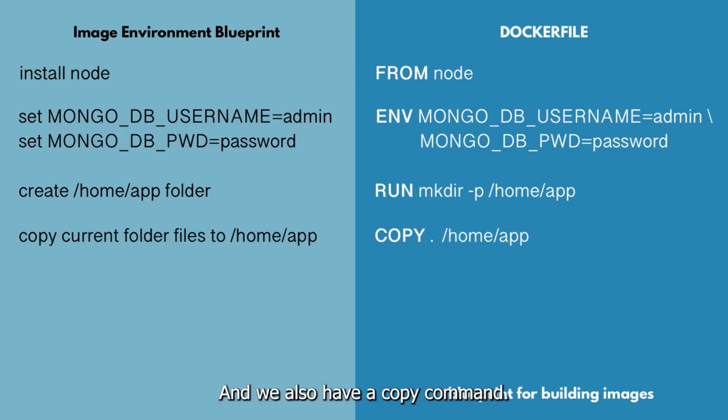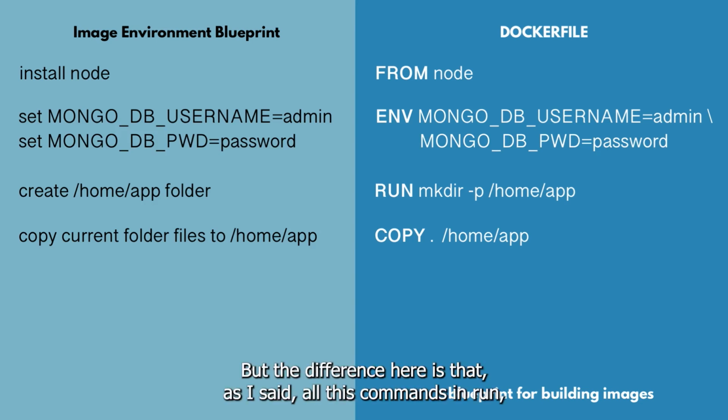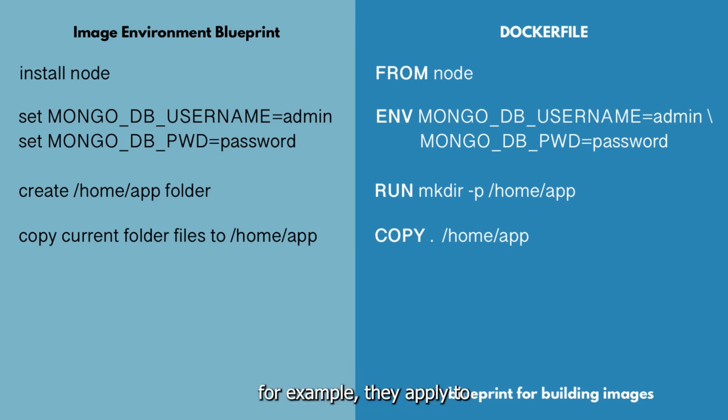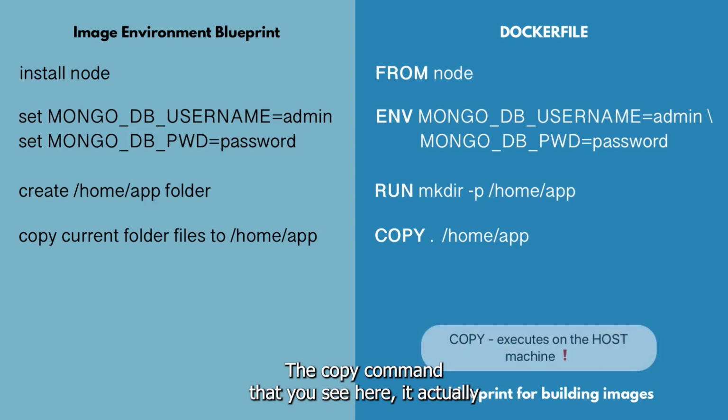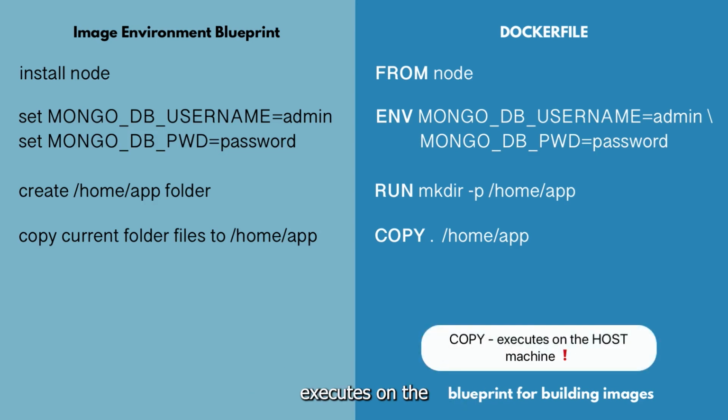And we also have a copy command. Now you would probably ask, I can execute a Linux copy command using run. Yes, you could, but the difference here is that, as I said, all these commands in run, for example, get executed inside of the container. The copy command that you see here actually executes on the host.